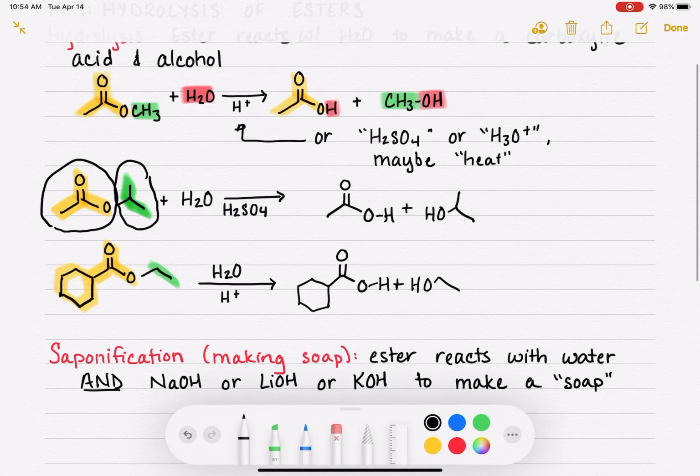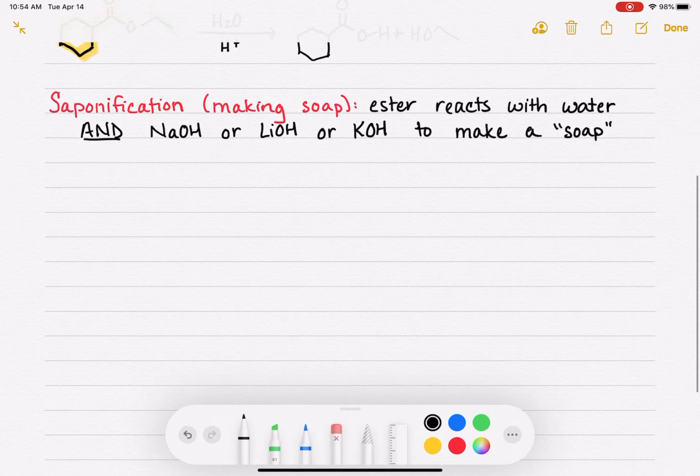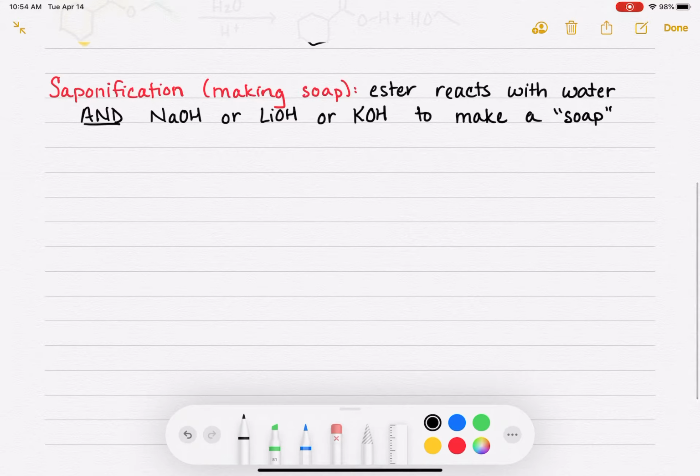So let's start by looking at a generic saponification. And we're just going to use a little tiny ester because it's easy to draw, but this would make a terrible soap, because if you remember last time we talked about soap, I told you that the good soap is going to come from a molecule that has a huge carbon chain hanging out on the end there.